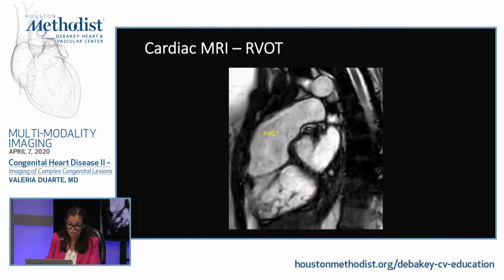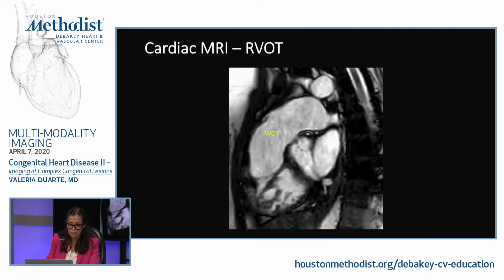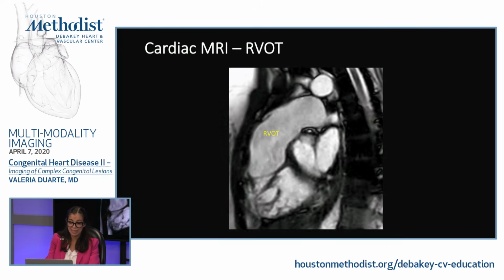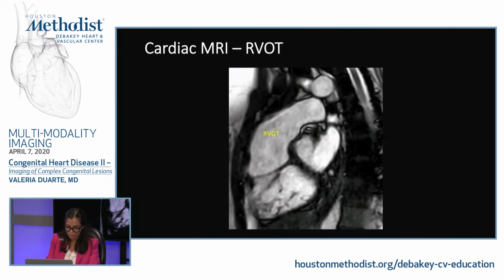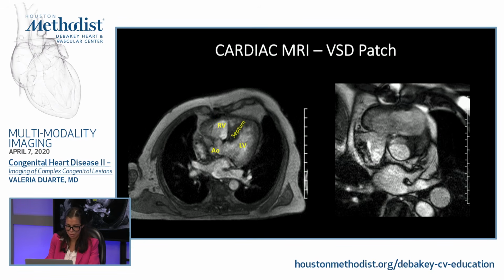There is just some pulmonary valve tissue, but we don't see a full pulmonary valve, and that's not infrequent in patients that had a transannular patch repair. So you will see this. You just see some tissue, but not a full pulmonary valve.